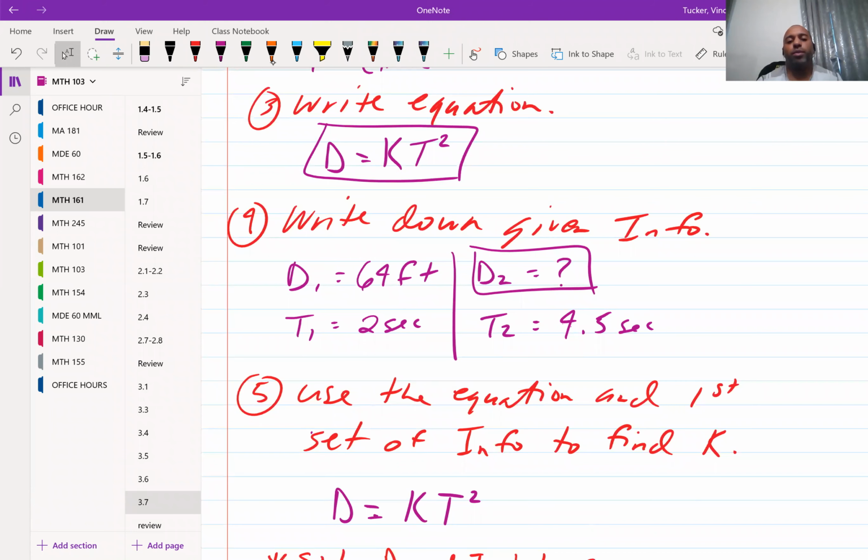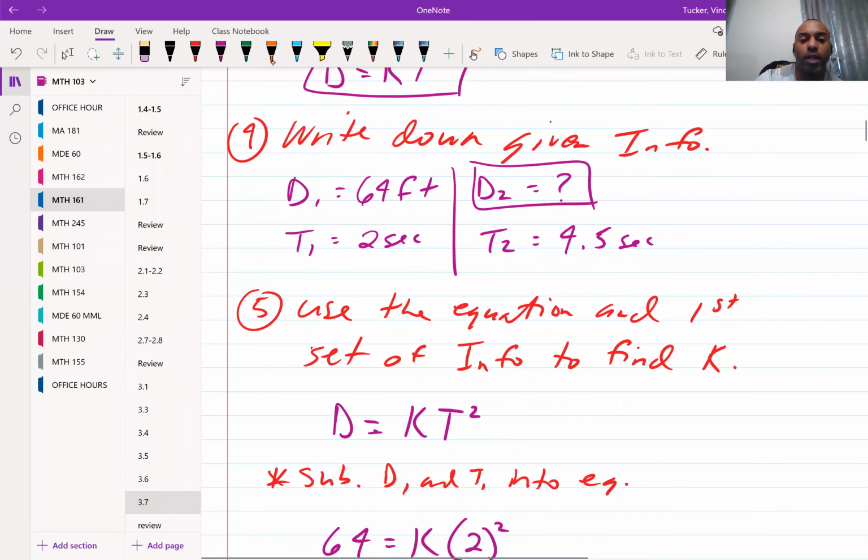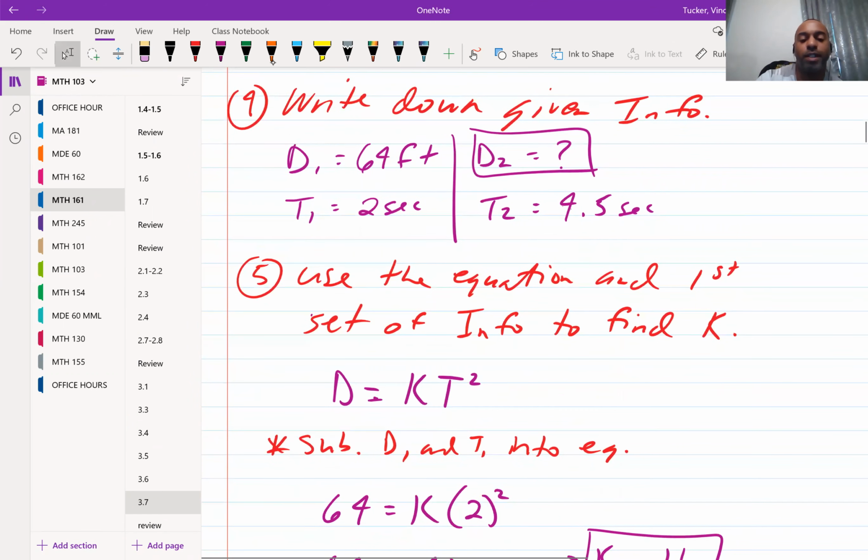All right, so we'll use the equation and the first set of information to figure out what K is. Your K is your constant of variation. That's going to be the constant throughout this variation problem. So D is equal to K times T squared. We can go ahead and plug in D1 and T1, that first set of information.